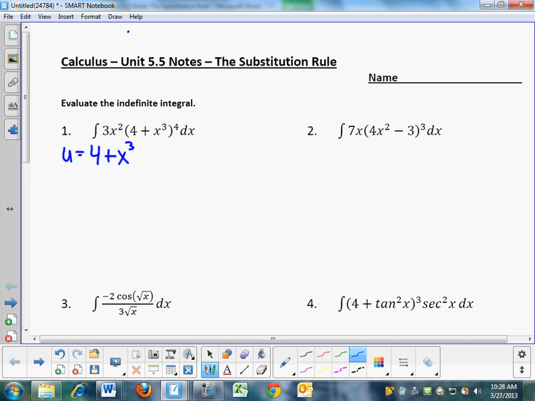If I took the derivative of 4 plus x to the third, to the 4th power, I would end up with still a 4 plus x to the third somewhere there on the board. And when you take the antiderivative, you would also end up with a 4 plus x to the third somewhere on the board. So what we need to account for is this issue right here. I'm now going to take the derivative of u, and I call that du.